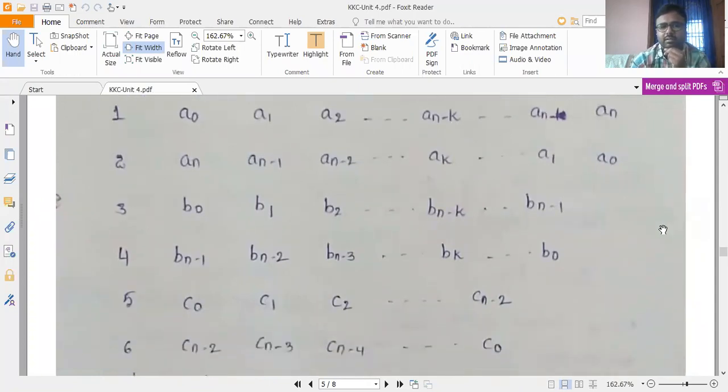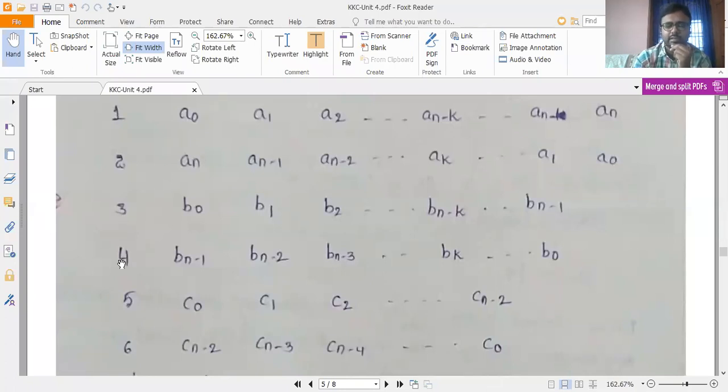And the third row is based upon the calculation of the first row and second row. Let us suppose that particular values are b0, b1, b2, and so on up to bn minus 1. So the fourth row is nothing but the reciprocal of this particular third row. And the fifth row comes from the calculation of the third row and fourth row.